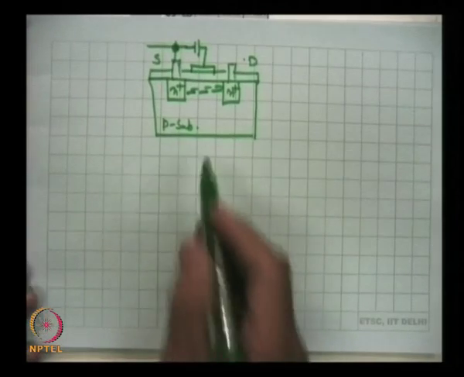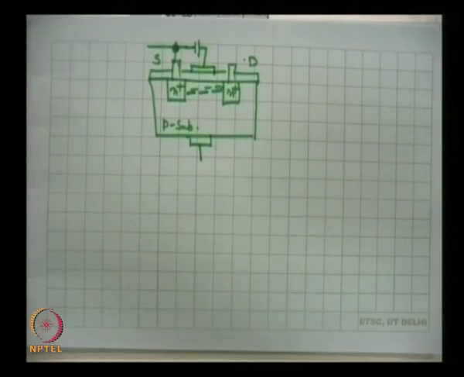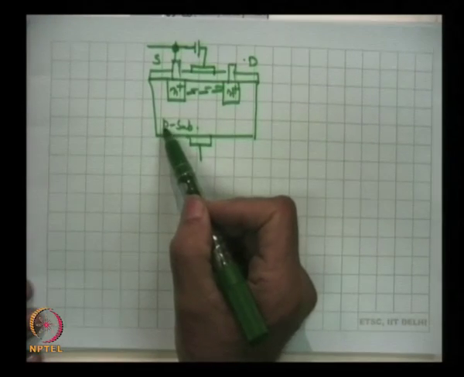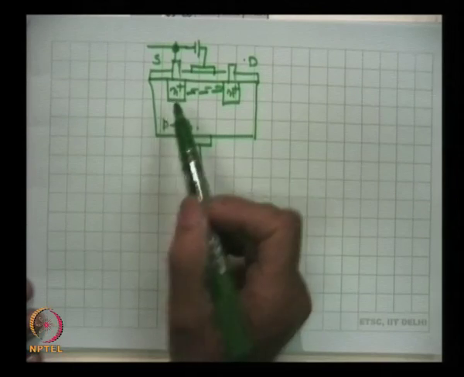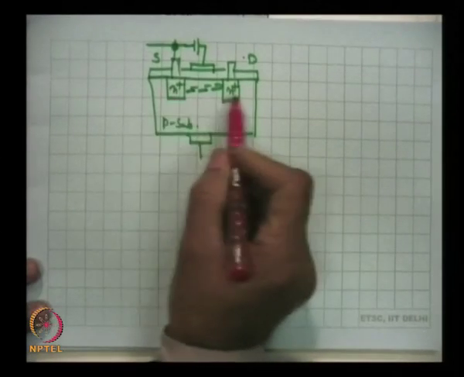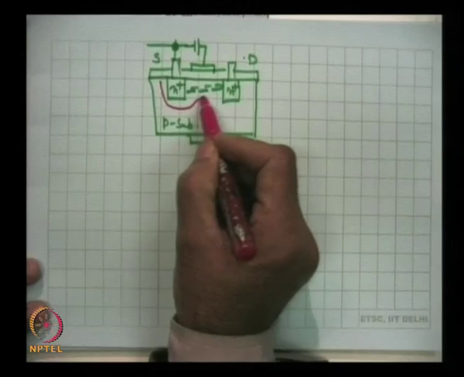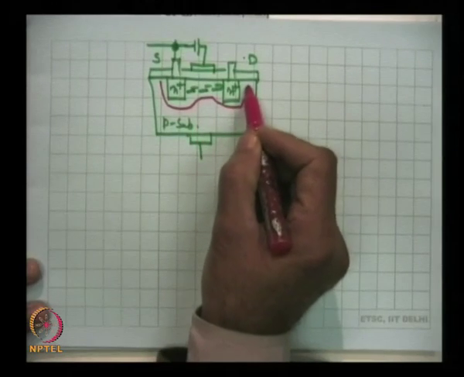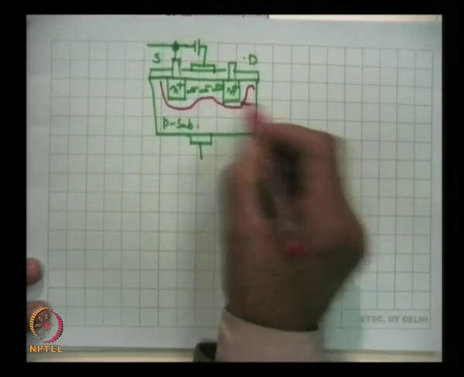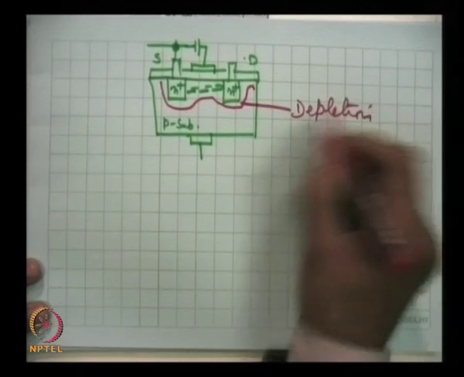One thing which is understood, but which we have not yet talked about in this device, is that this is a P substrate and these are N regions. So, there will be a depletion, a high resistivity region that will separate the source and the electrode. That means, this is all the depletion region.